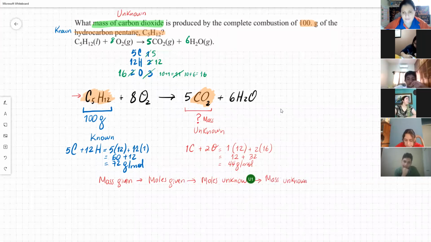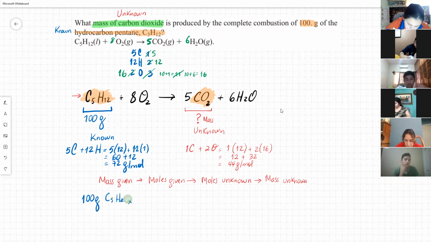That is my path. Now, I just write the mass given as 100 grams of hydrocarbon pentane, okay? So C5H12.